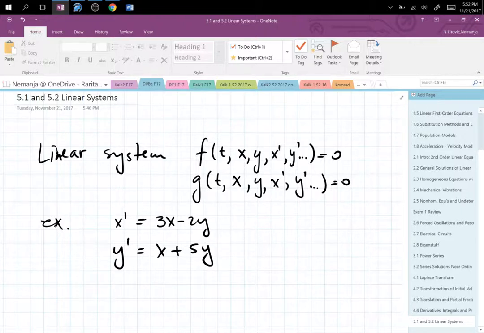Now, before we do that, there are methods of converting, let's say, a third degree or second degree equation into these systems. And also there are methods that would combine systems into a second order, third order differential equation.